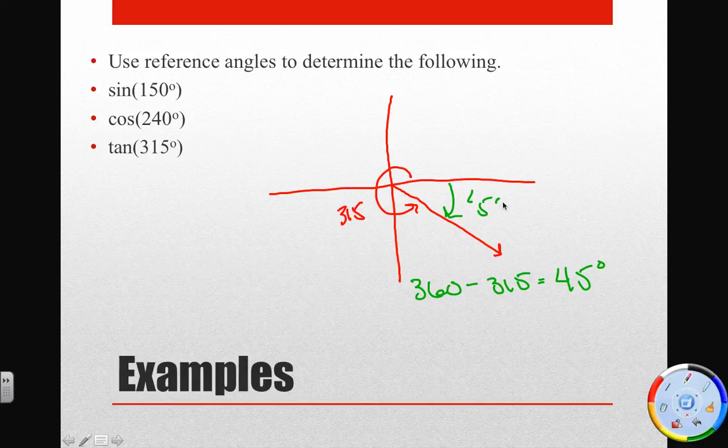So this is a 45-degree angle, and it's going to be like finding the tangent of 45 degrees. Well, the tangent of 45 degrees, if we drop the middle finger on our hand trick, is the square root of 2 over square root of 2, which is 1. Well, that means the tangent of 315 is 1, but we have to determine whether it is positive or negative. Well, in quadrant 4, we said the tangent is negative, and therefore it's negative 1 at 315 degrees.